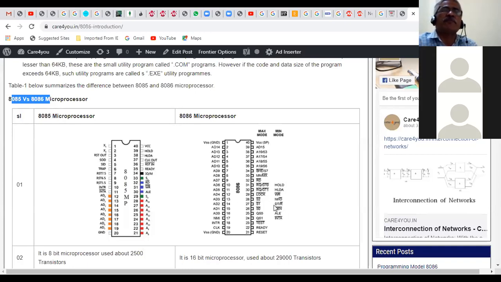We will elaborate on that. So many of the pins in 8086 have dual functions. This is one of the differences between them. That means these pins are internally multiplexed. We can use only one of the functions. Either they can be used in the maximum mode function, or they can be used in the minimum mode function. These pins, pin number 24 to pin number 31.